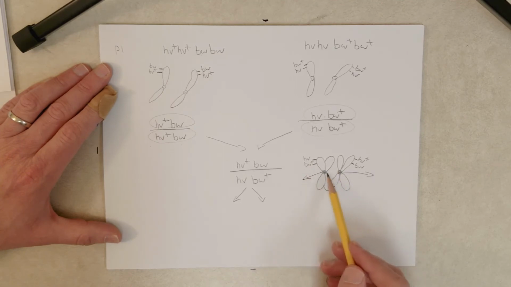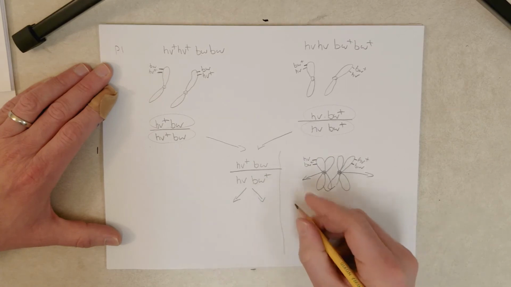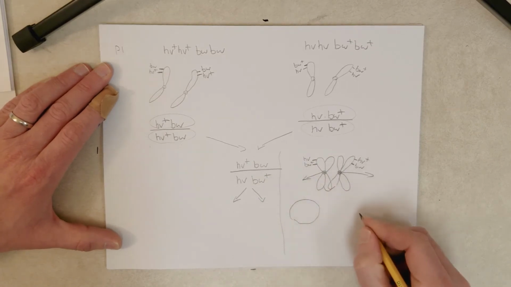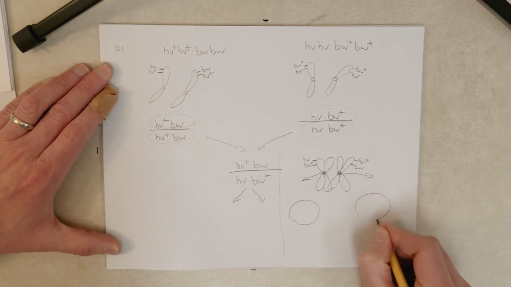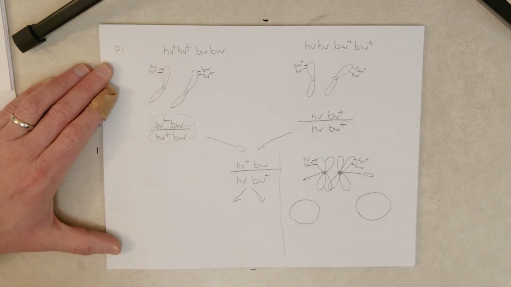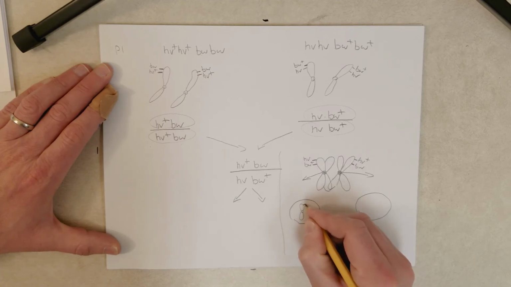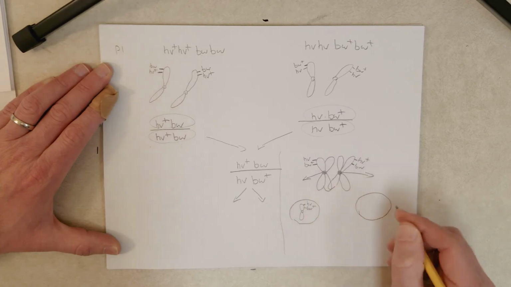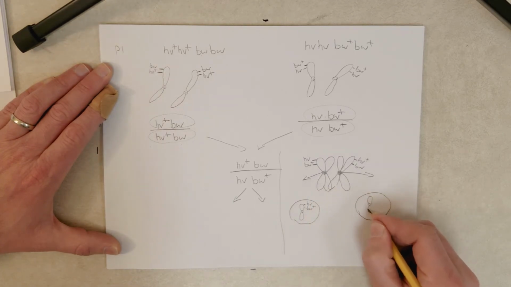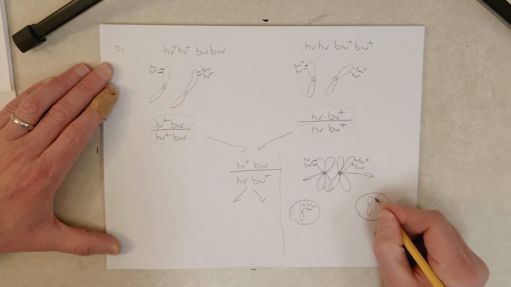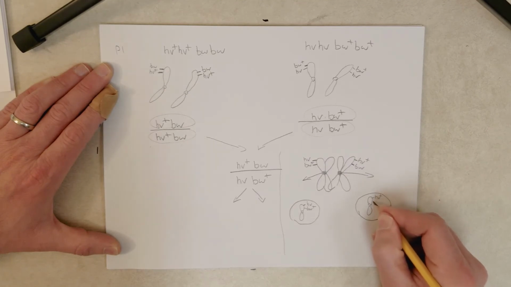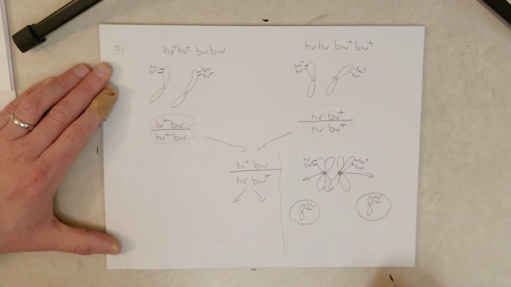and go through both rounds of meiosis, 99% more or less are going to get a chromosome which has hv next to bw plus, or you can see up here hv plus next to bw.